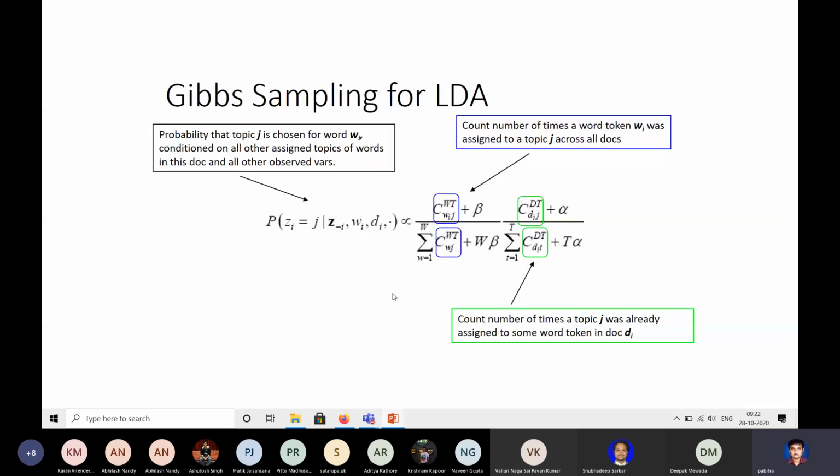Okay, so let me just restate. This basically means the probability that topic J is chosen for word I, conditioned on all other assigned topics, Z minus I. And this is the count of the number of times a word token Wi was assigned topic J across the corpus, and this is the number of times topic J was already assigned in document D. This is for that particular word, for that particular document.